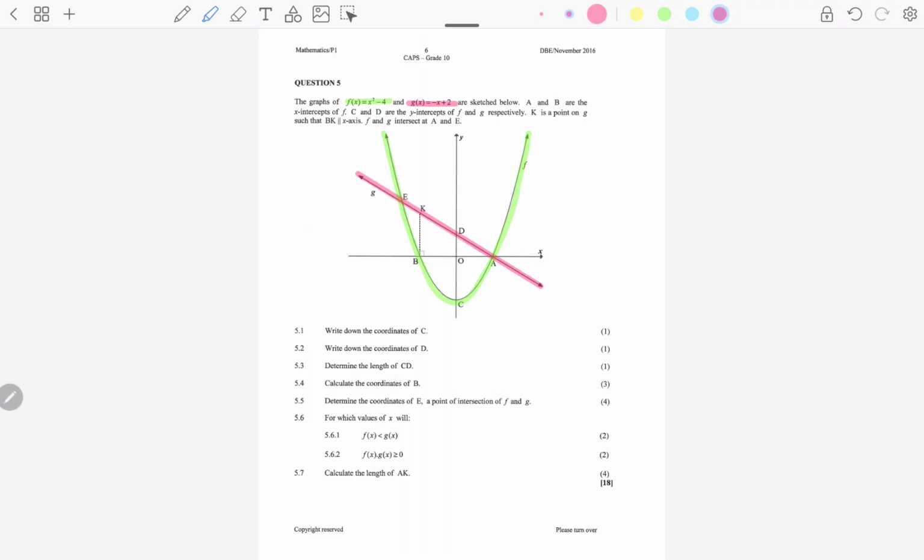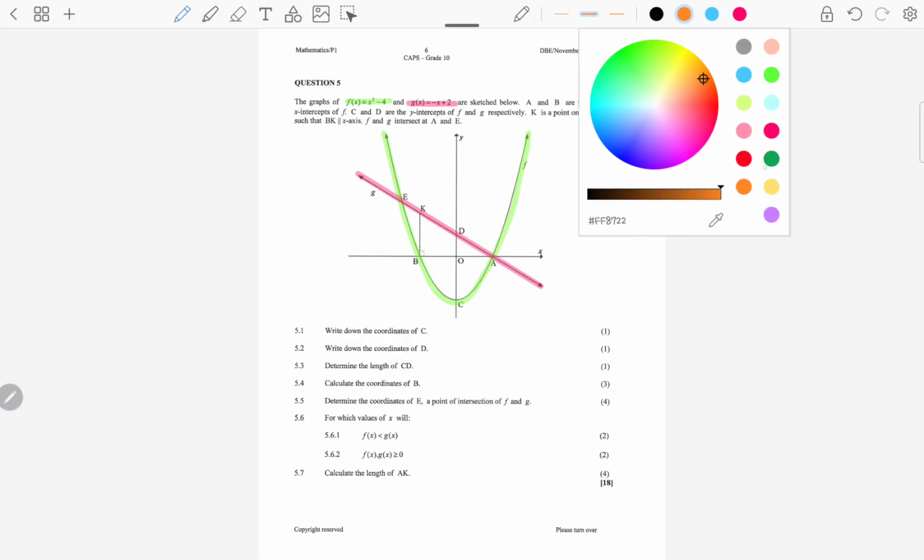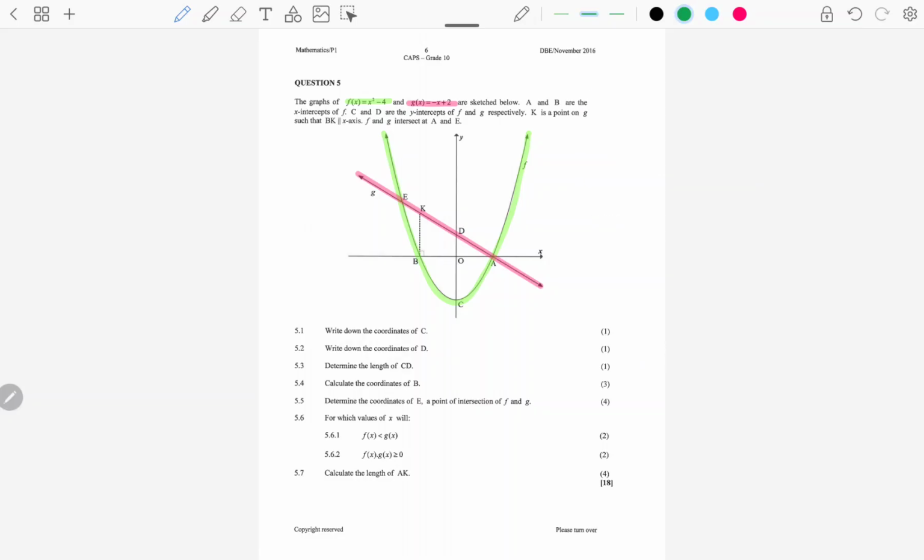Now A and B are the x-intercepts of f. So we said we're making f of x green, so f of x is x squared minus 4 and g of x is minus x plus 2.